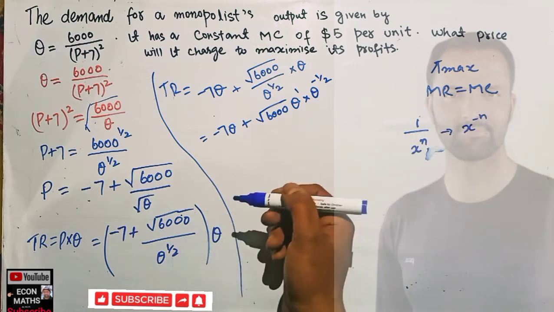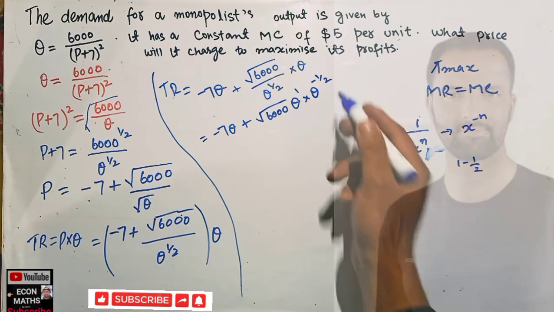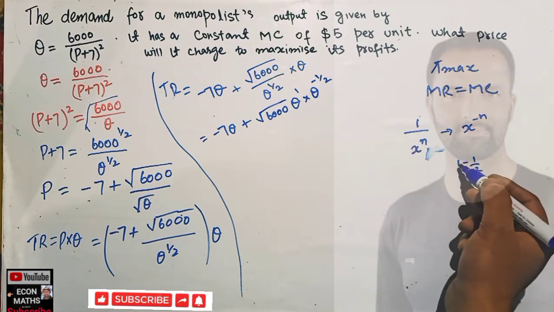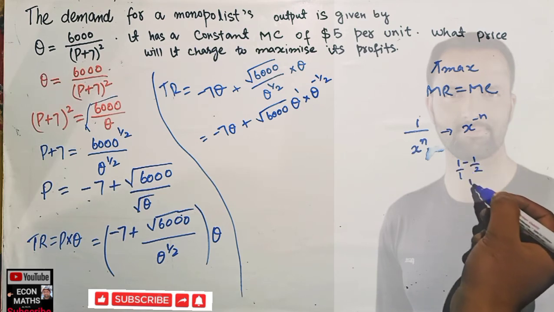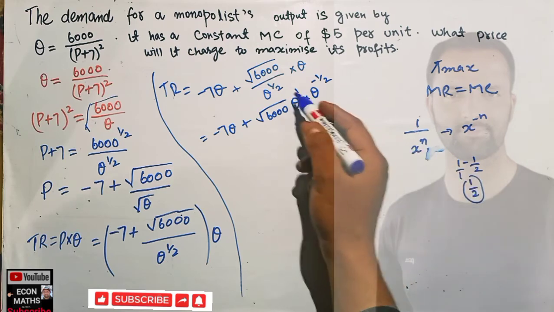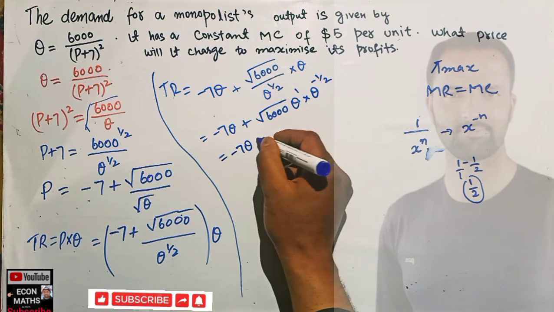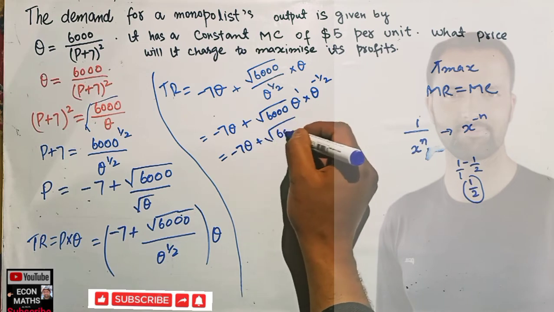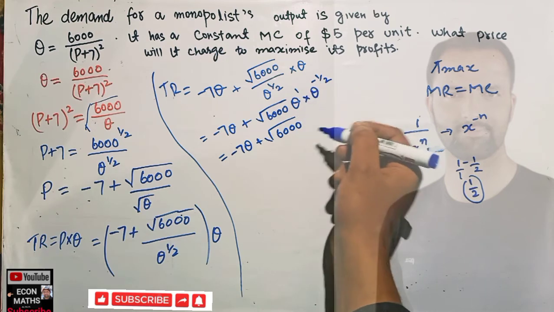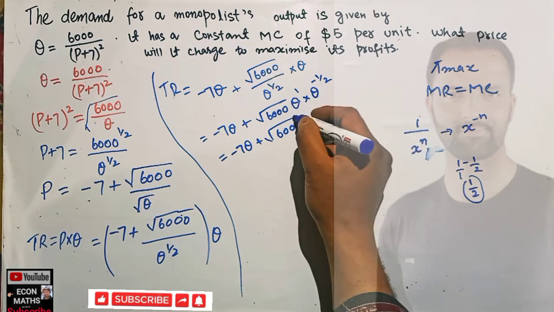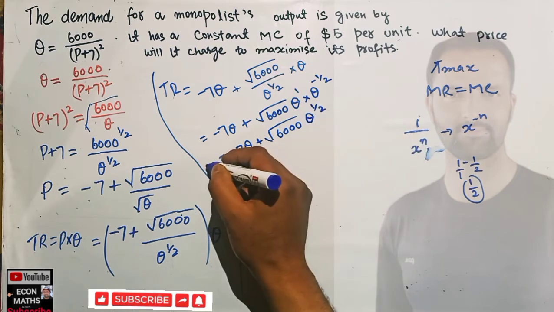Since bases are the same, exponents can be added: 1 minus 1 upon 2, 2 minus 1 is 1, so I get 1 upon 2 as the exponent. So we are left with minus 7Q plus 6000 to the power 1 upon 2, Q to the power 1 upon 2. This is our total revenue.